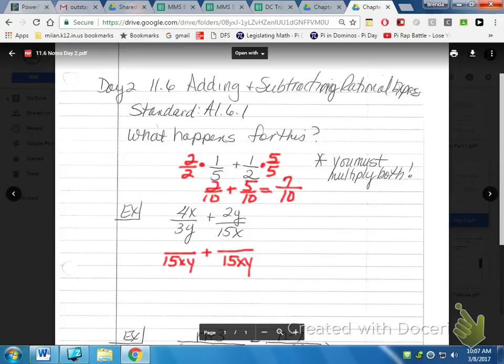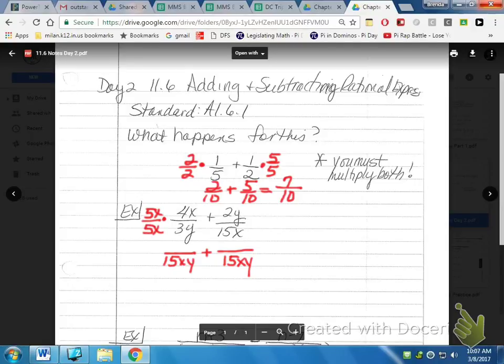All right. You have to ask yourself, what's missing out of 3y that would make it 15xy? 5x. So over here on the left, I've got to multiply top and bottom by that part that's missing, 5x.